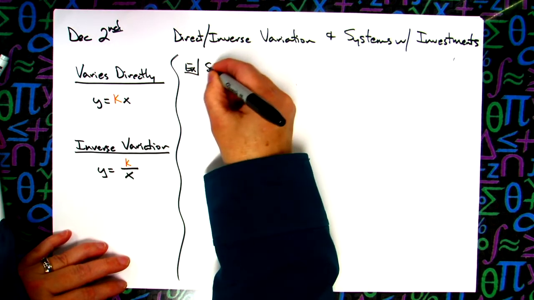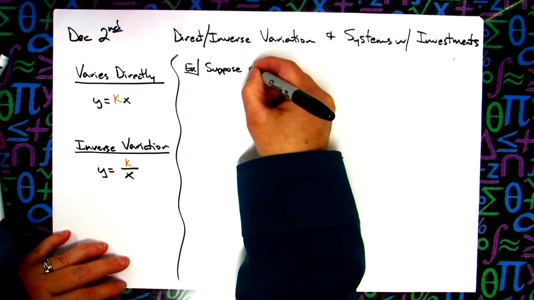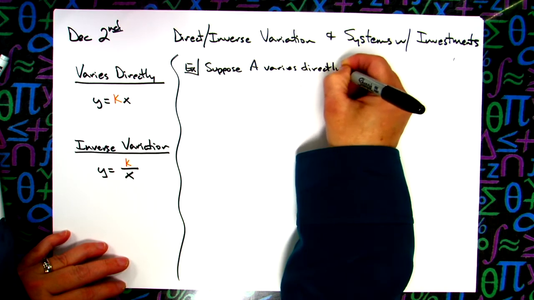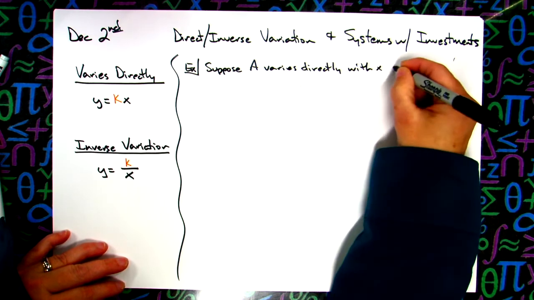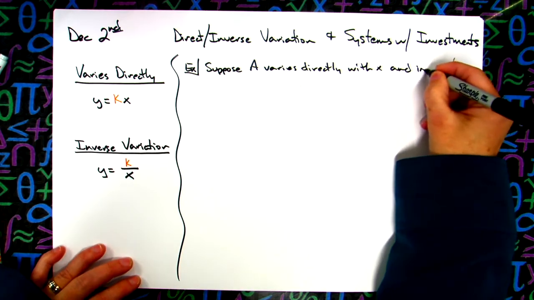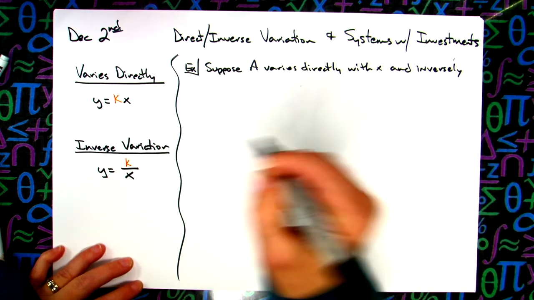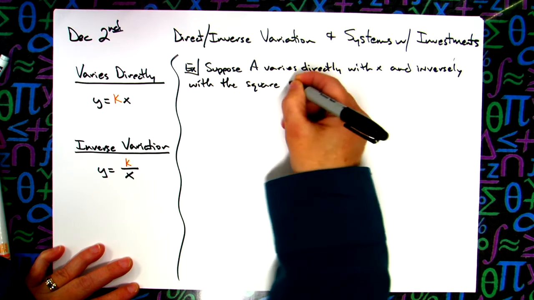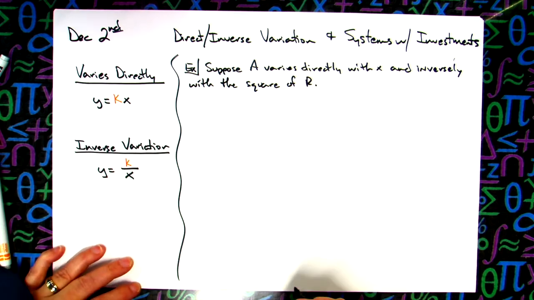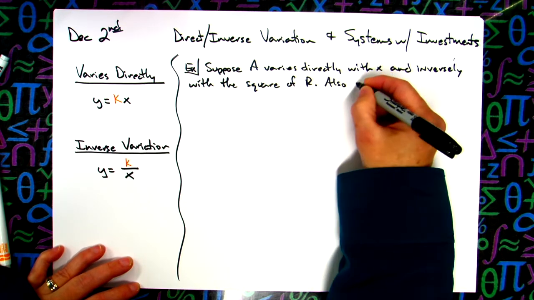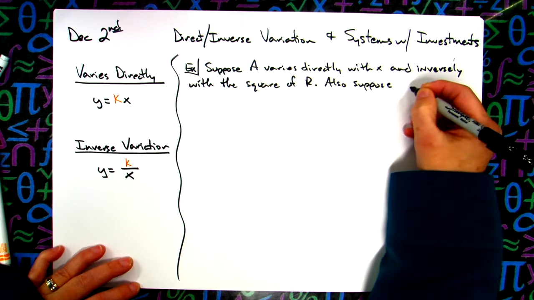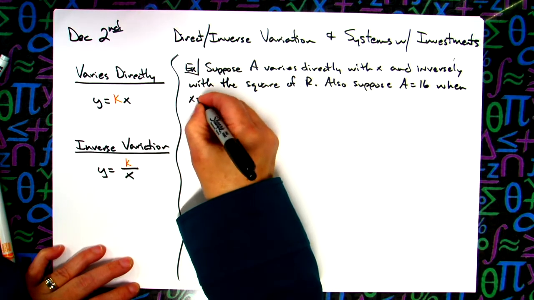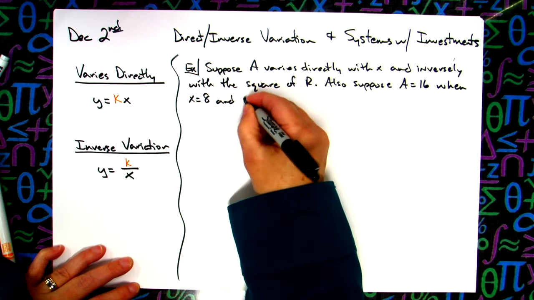Suppose A varies directly with X and inversely with the square of R. Also suppose A equals 16 when X equals 8 and R equals 4.